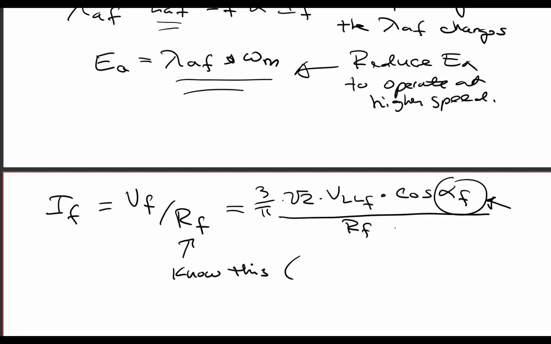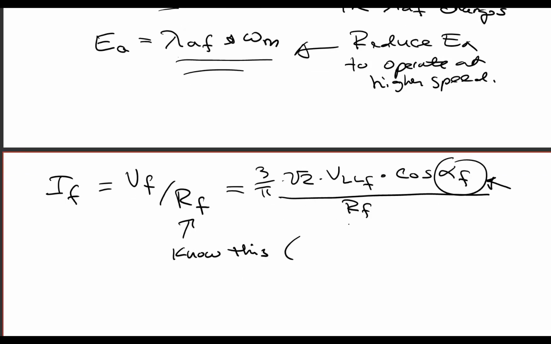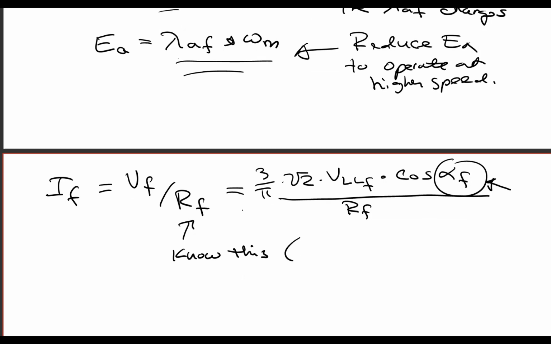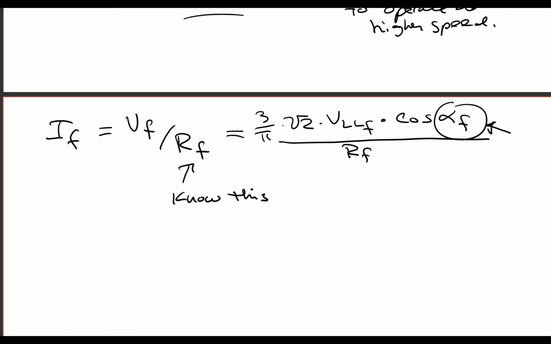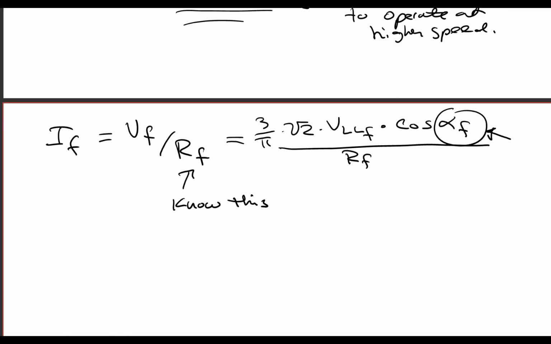Okay, and then divided by R sub F. So we know R sub F. So let me just do this symbolically then. What we really have to do is we can see right here that you can change the field current by changing alpha F.